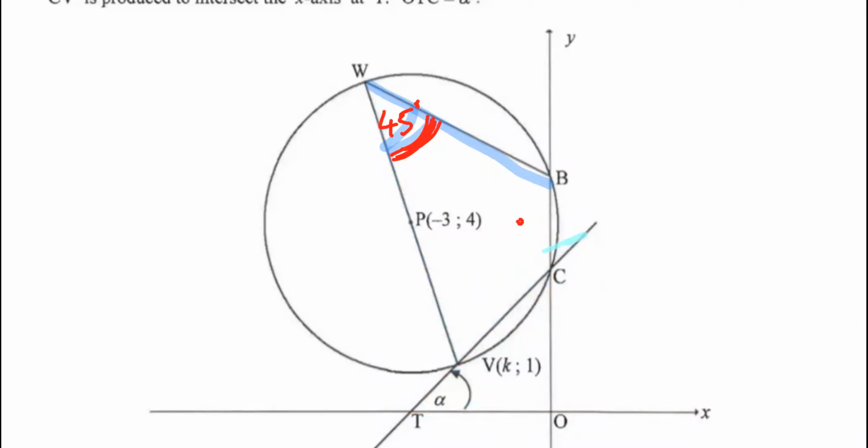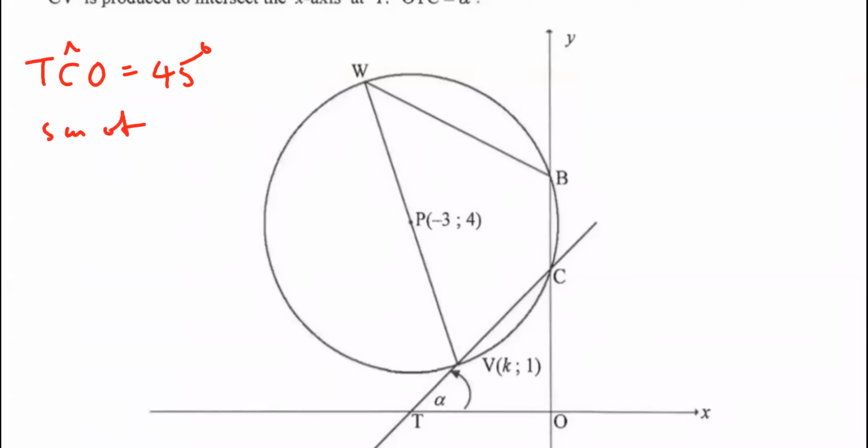Okay. So how do we write this out? Let's start by saying angle TCO. I'm not going to say C1, because they didn't give me a 1 there. I can't just say C1. So I'm going to say angle TCO is equal to 45 degrees, sum of angles in a triangle.